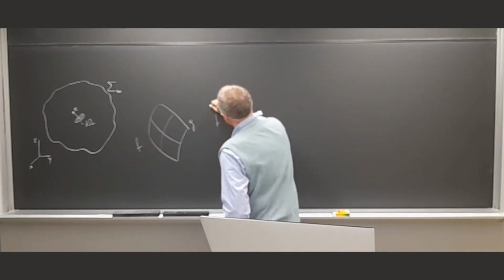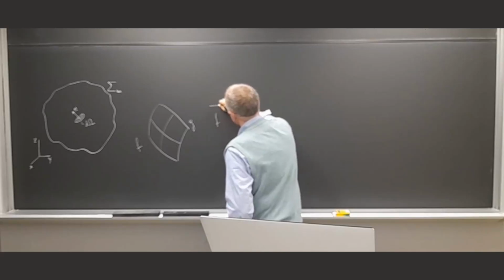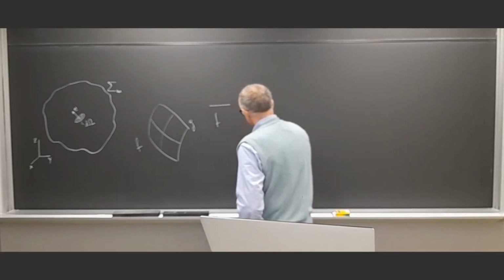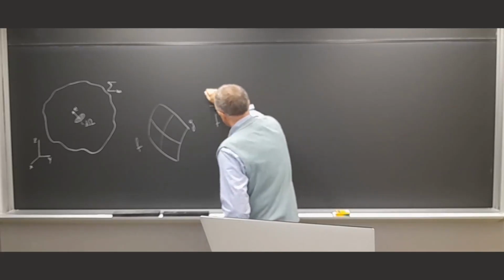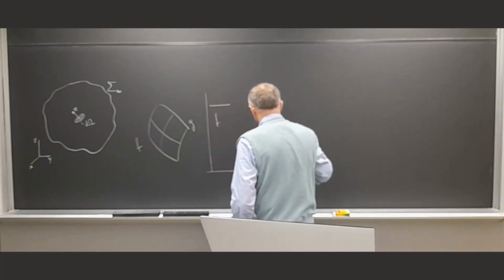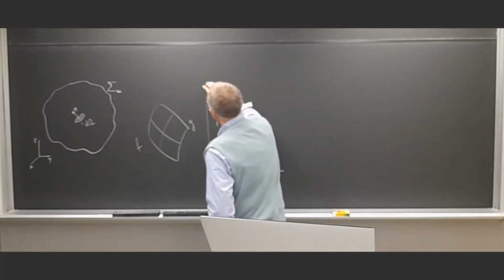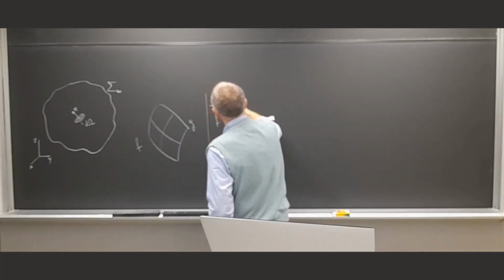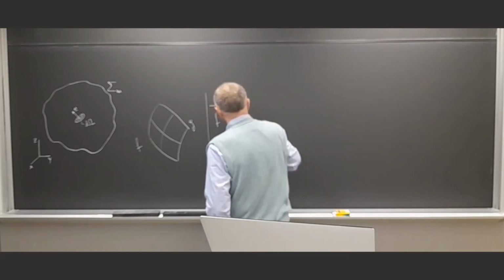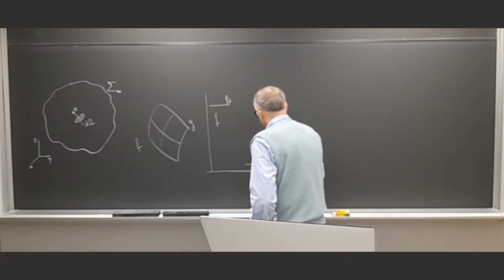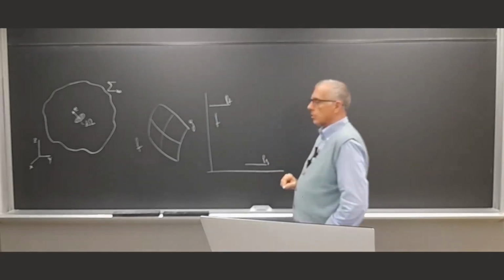And let's view it also from this other point of view: let's plot the density. Now, as we know, if we plot the density of a liquid and the density of a vapor, there is a big difference.